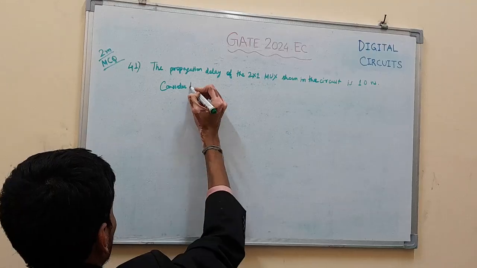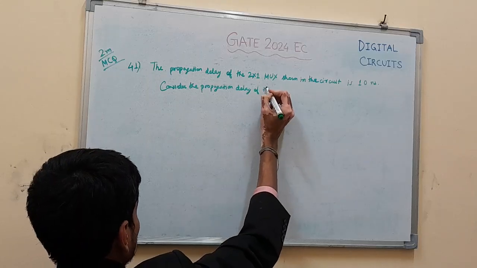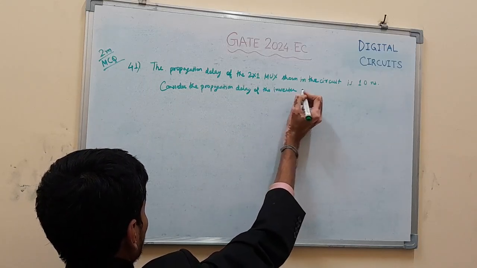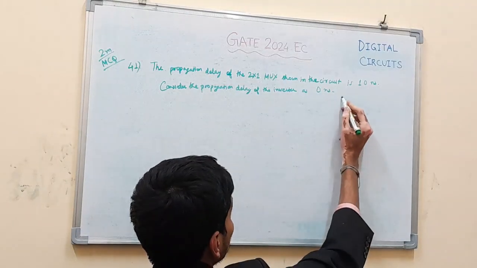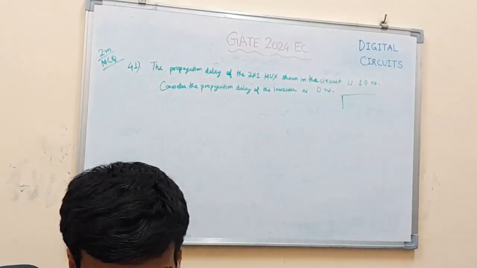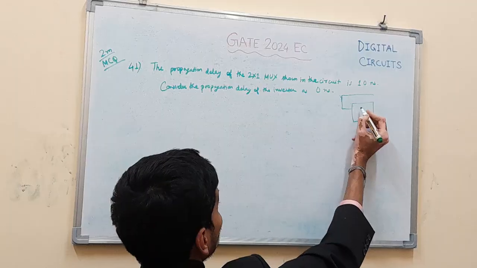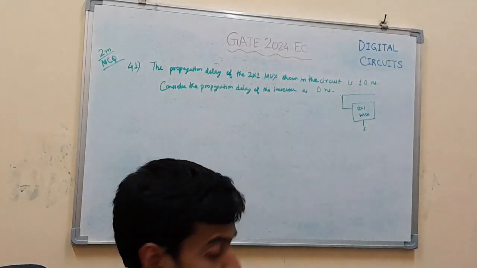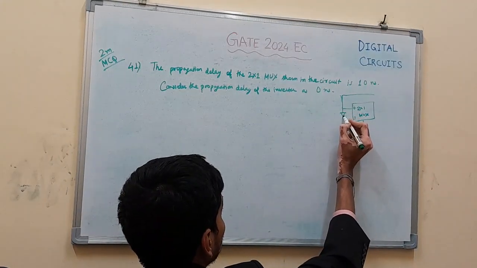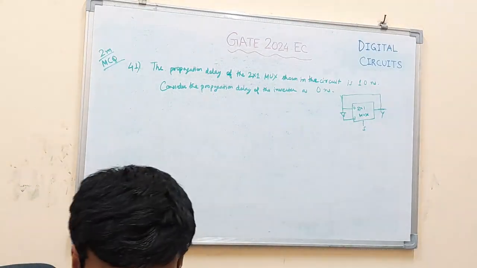The circuit is given something like this, a 2 into 1 mux with inputs 0 and 1.